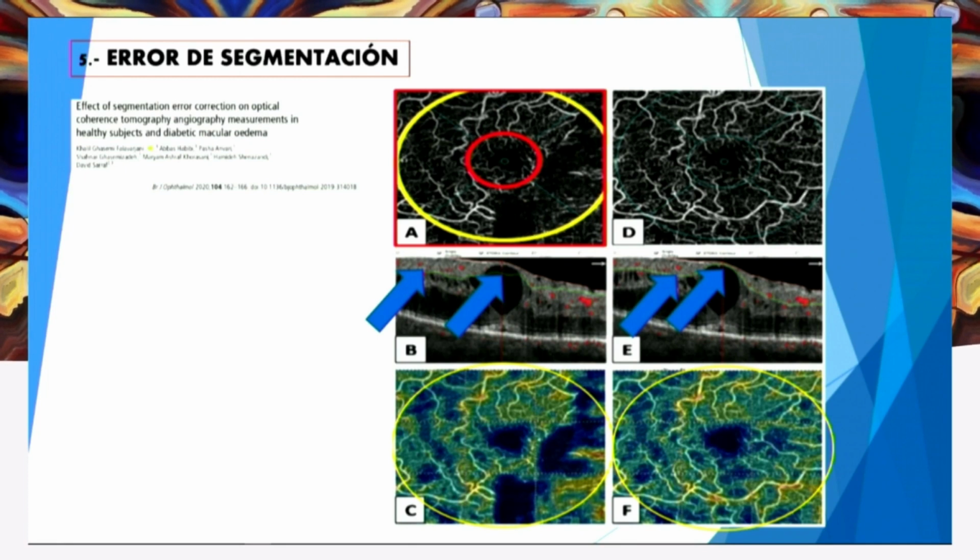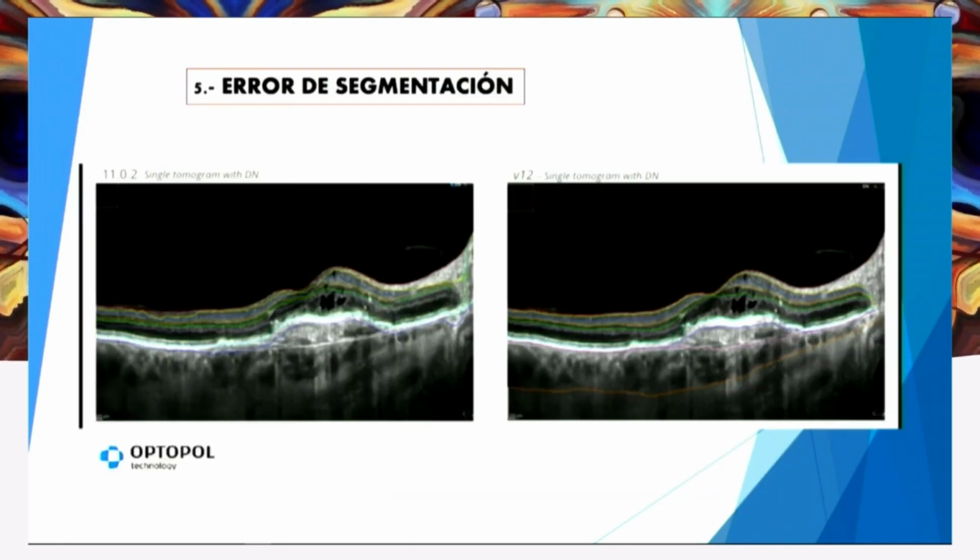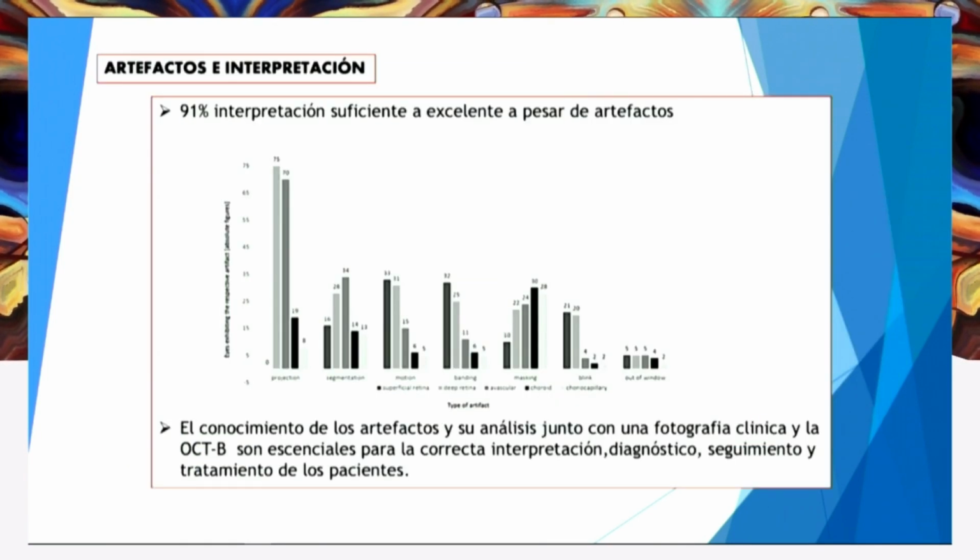So you can do this manually. But Optopol is now offering a software program. This patient has an age-related macular degeneration, and segmentation is not properly done. It could be corrected manually, but the unit, the piece of equipment, does it automatically already. This is a very good advantage to avoid segmentation errors.